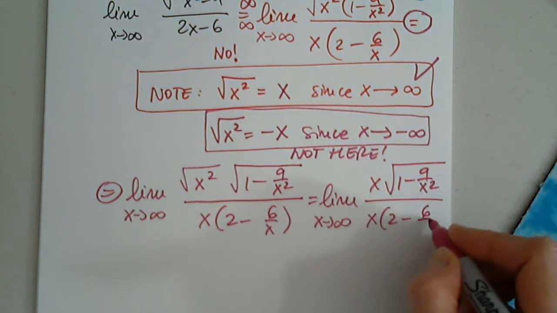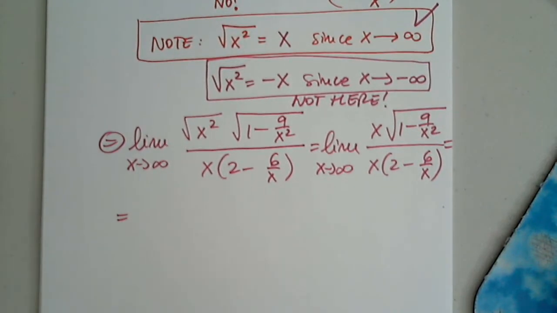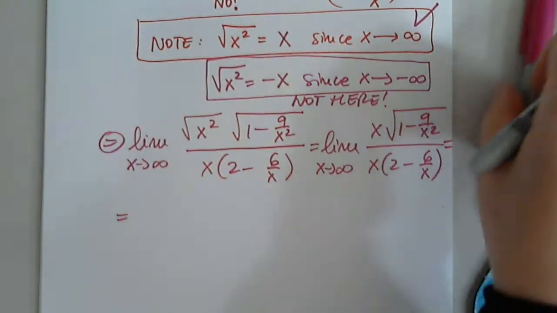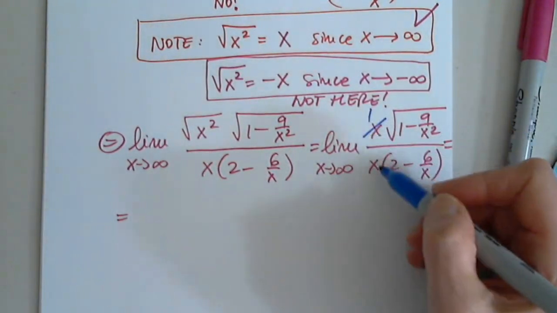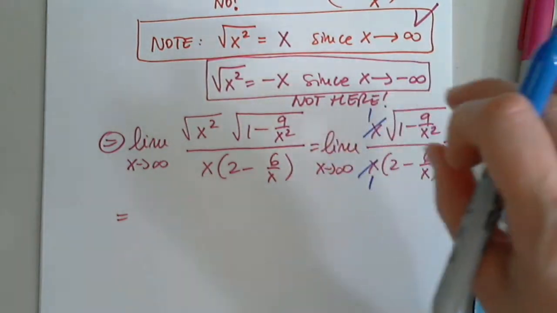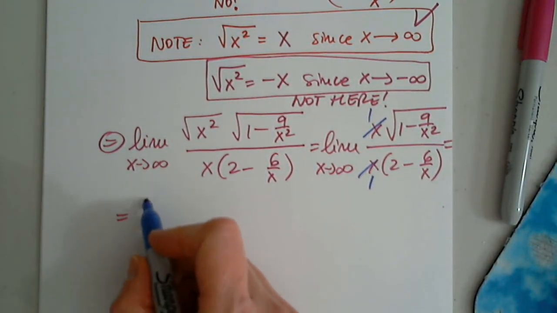Equal symbol. And now what? Say it again. Cancel x with x. And that's it. Now I can drop the limit operator because I'm applying it to this function. What do I get? It's going to be 1 over 2.